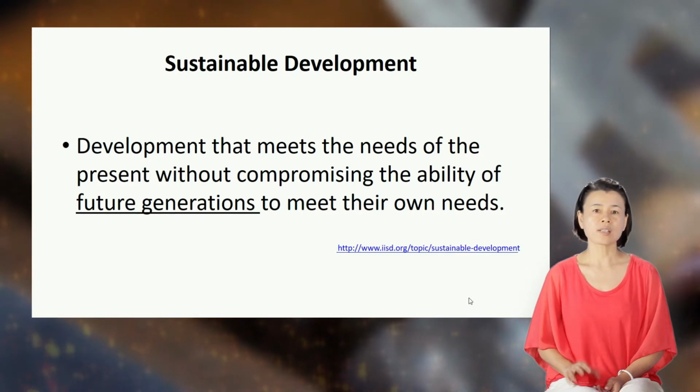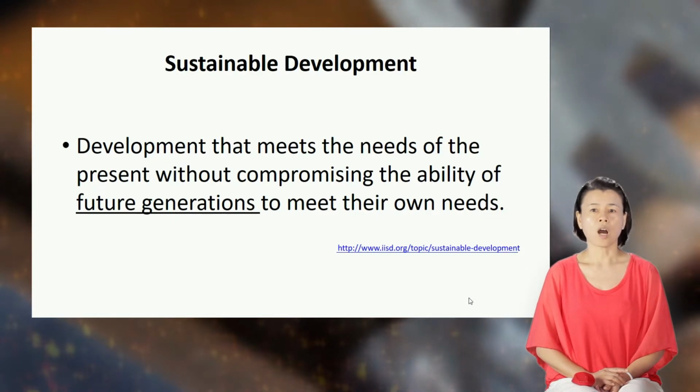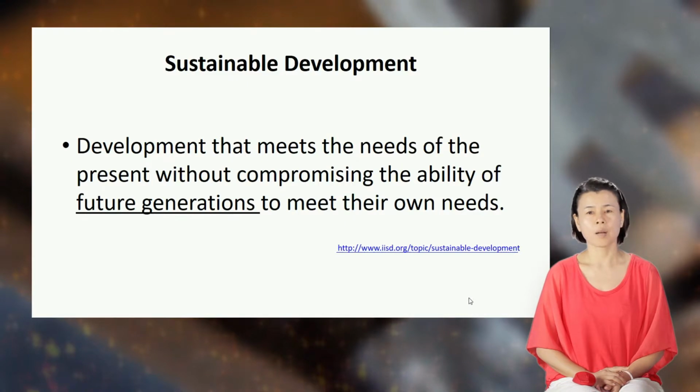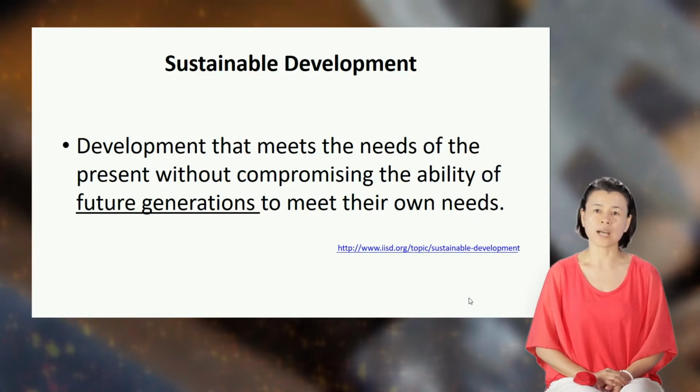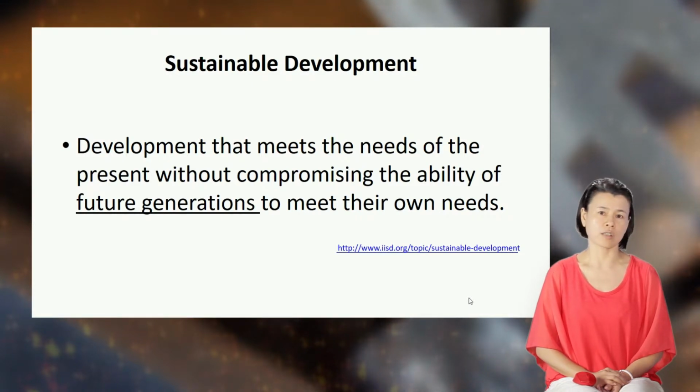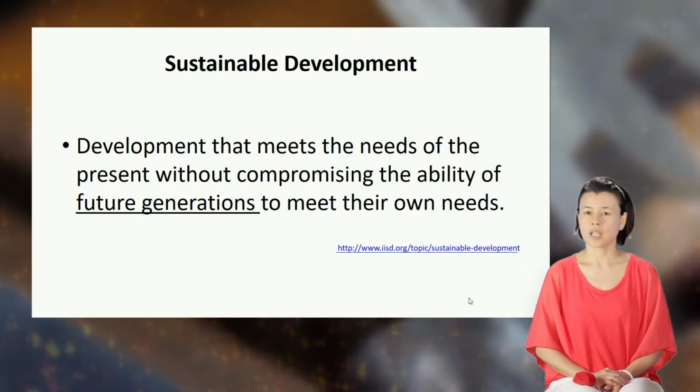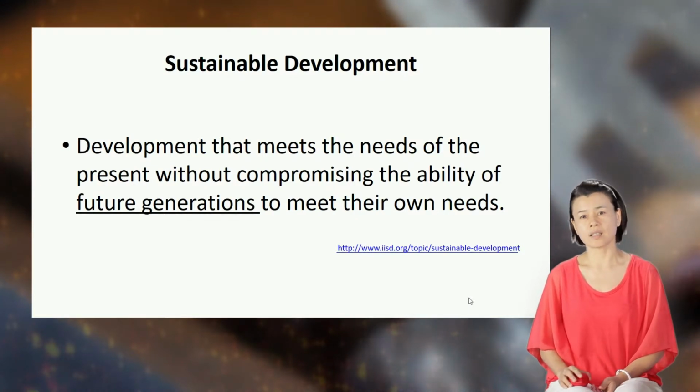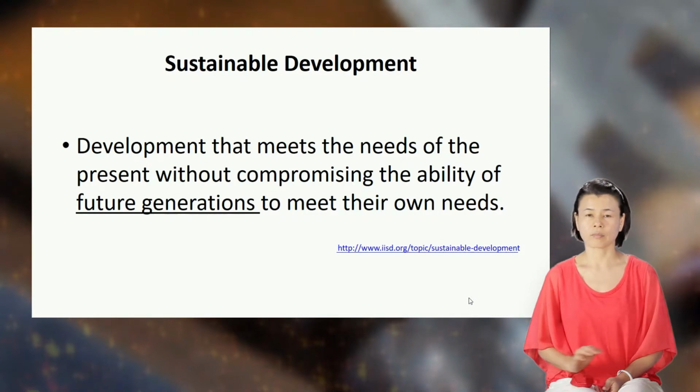So, just like we mentioned in the previous section, all creatures on the earth need energy to survive. But when we satisfy our own needs, please do not sacrifice the chances of our future generations to satisfy their needs in the future, even though we cannot see it at present.